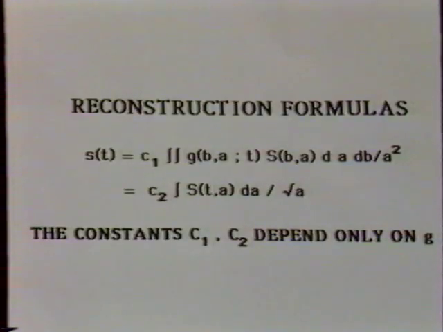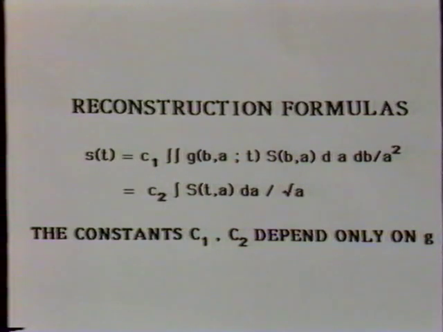You can now see formulas which allow you to reconstruct the signal S of t from its wavelet transform, capital S of B, A. I would like just to make a few comments. First of all, there exist analogous formulas which involve only the values of capital S at the points of a grid of the shift dilation plane.